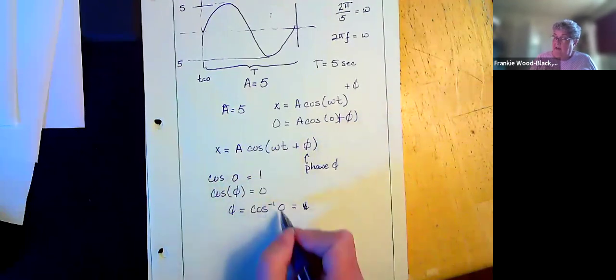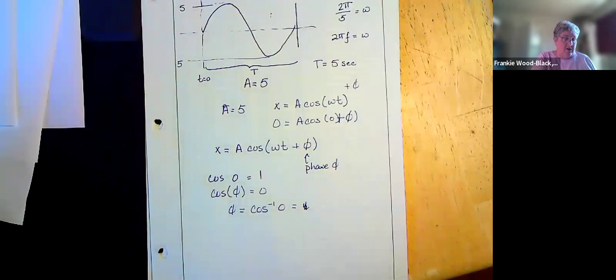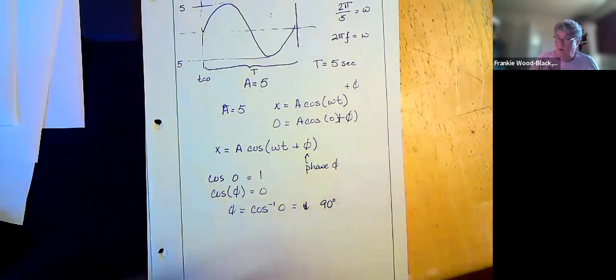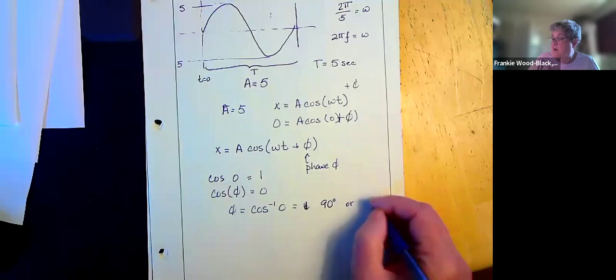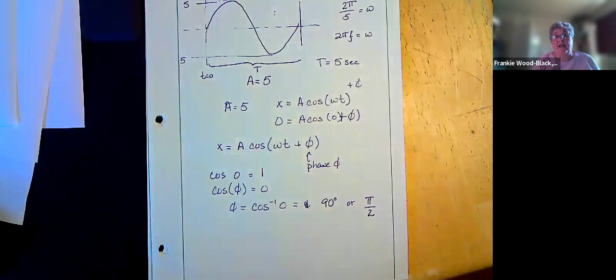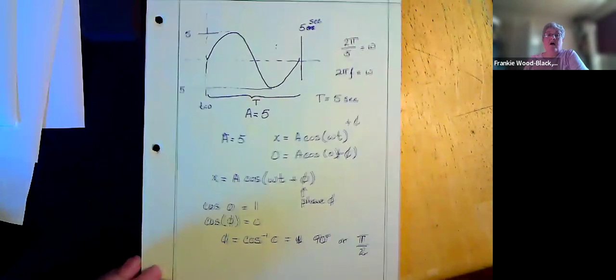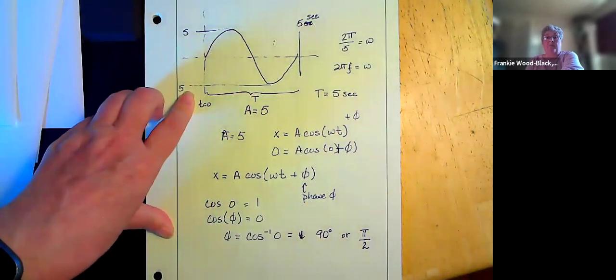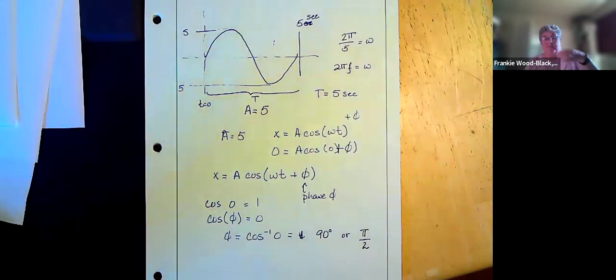So that's going to be 90 degrees if I do the arc cosine, or pi over 2 if I want to stay in radians. So you can take a graph of your system and be able to just read your components. So that's going to make life very helpful.